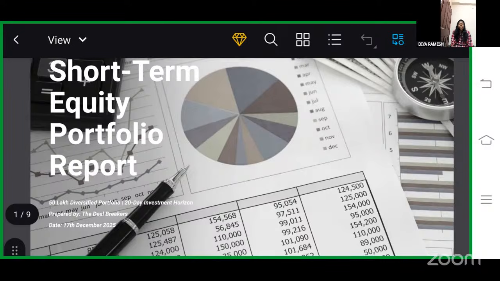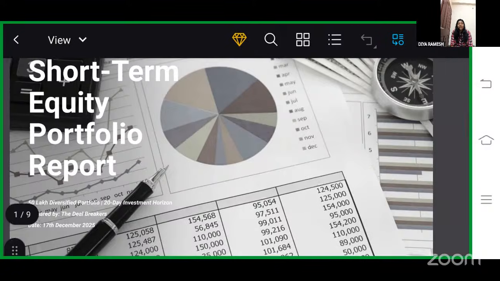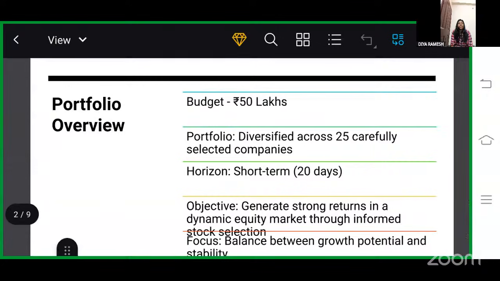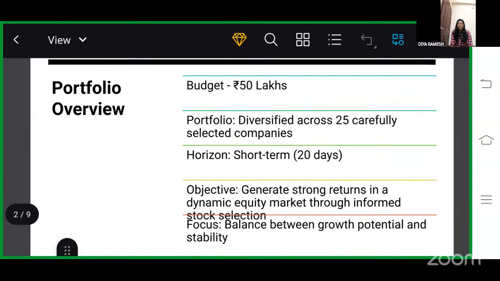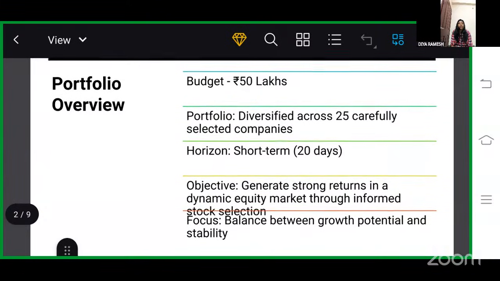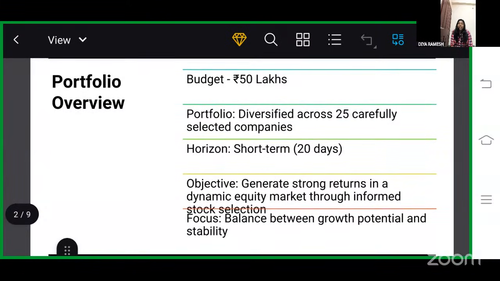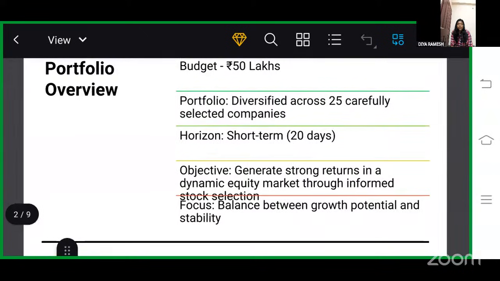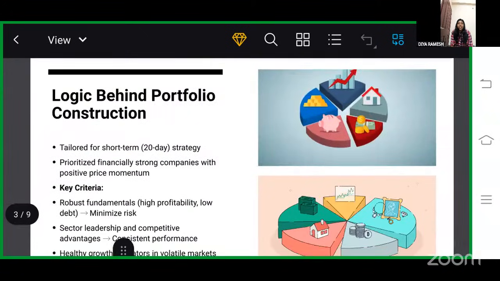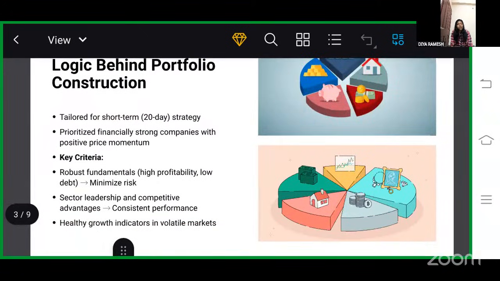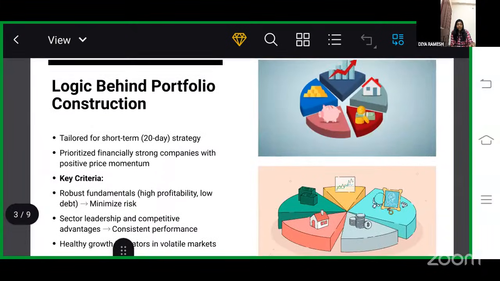The portfolio we constructed is a 50 lakh diversified portfolio designed for a short term investment horizon of 20 days. Since this was a short term strategy, our objective was not aggressive risk taking, but rather stable and controlled returns. Therefore, we focused on financially strong companies with consistent performance and positive price momentum.